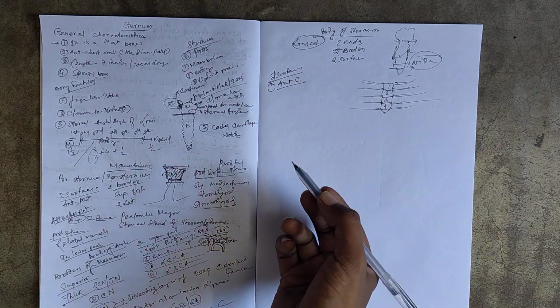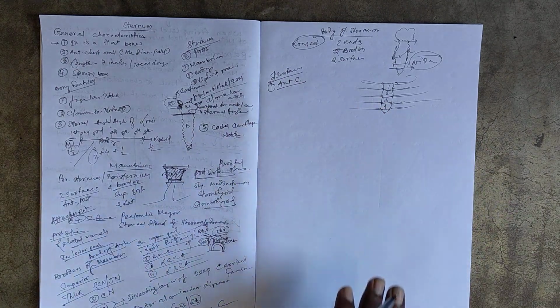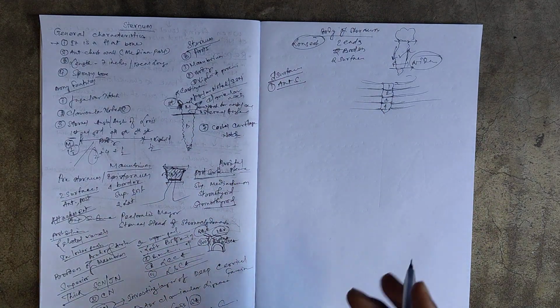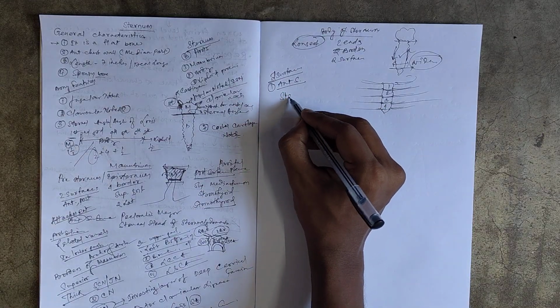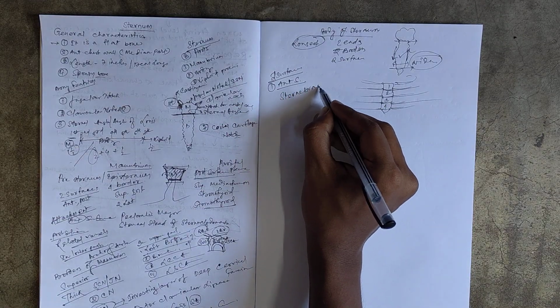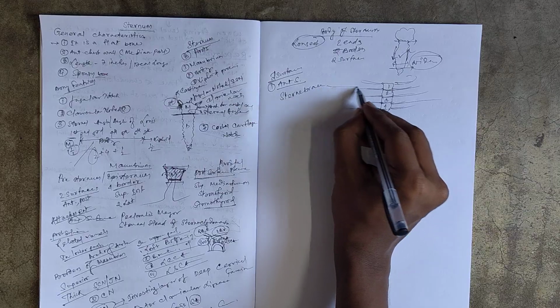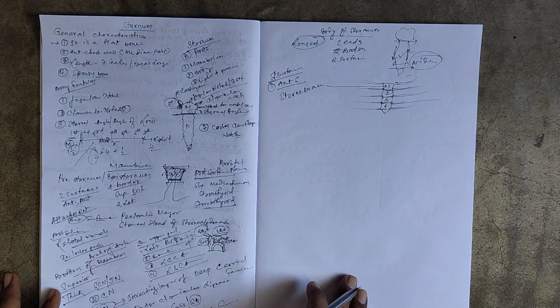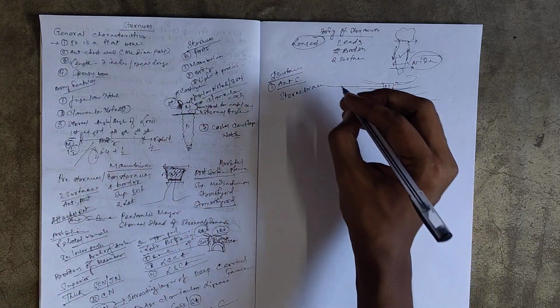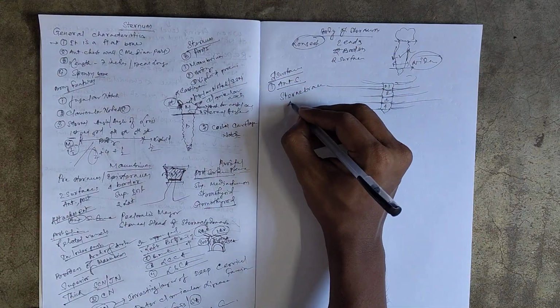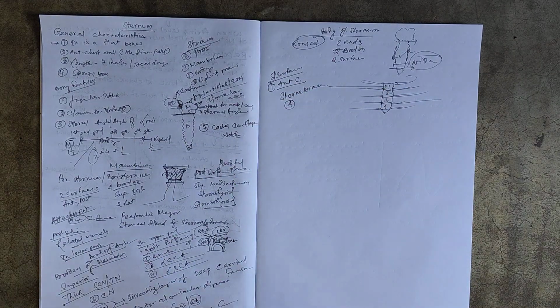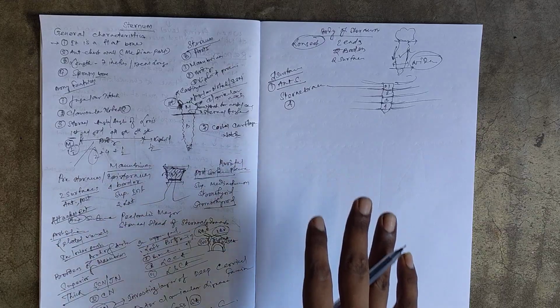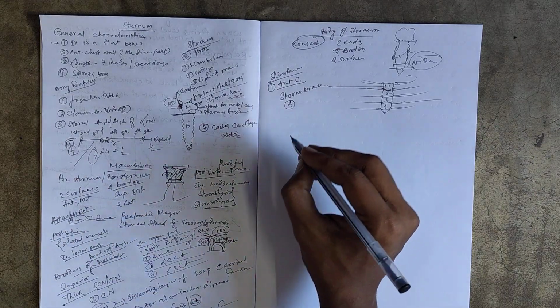Okay. And these lines represent the fusion of four small segments called sternebrae. These are known as sternebrae. Four sternebrae are present, and this surface gives origin to the pectoralis major on the corresponding half.